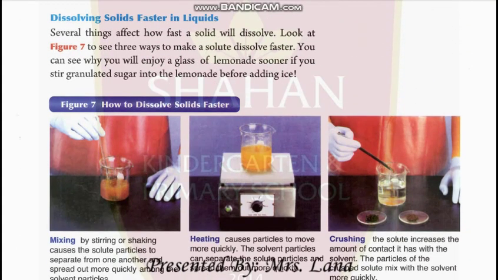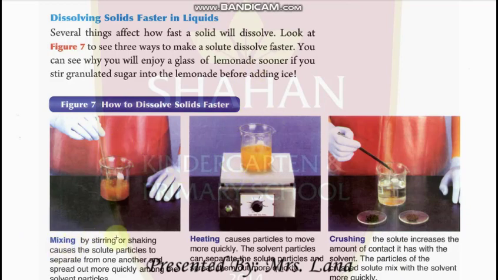Dissolving solids is faster in liquid. Several things affect how fast a solid will dissolve. Look at figure number 7 to see three ways to make a solute dissolve faster. You will enjoy a glass of lemonade sooner if you stir granulated sugar into the lemonade before adding ice.